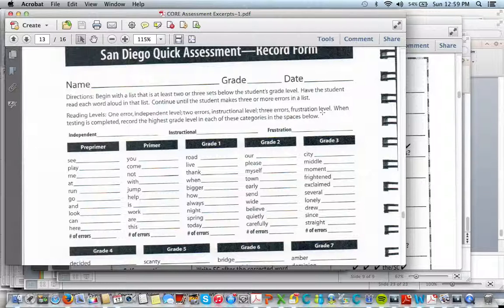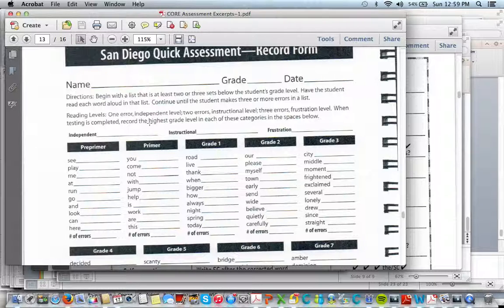So for example, if on grade 3 the learner made 3 errors, then you would say, okay, thank you, and that's enough. And you would know that grade 3, up here you would write frustration level, grade 3, right here. And maybe instructional level was grade 2, and maybe independent level was grade 1.